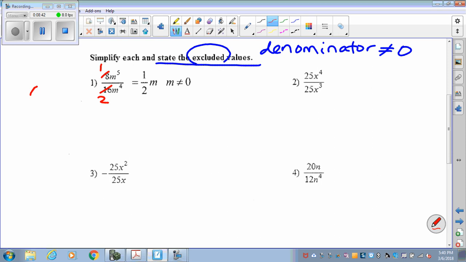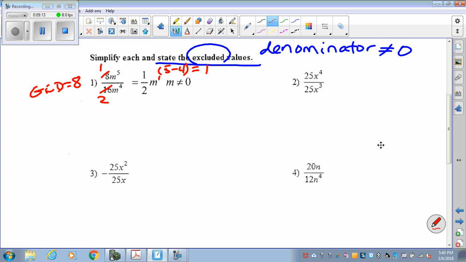If my GCD is 8, then 8 divided by 8 is 1, and 16 divided by 8 is 2. Now the variables are easy. All I have to do is subtract. Both of them are m's, and I'm going to take 5 minus 4. My exponent would be 5 minus 4, and that's equal to 1, and so that's why I have just m by itself.